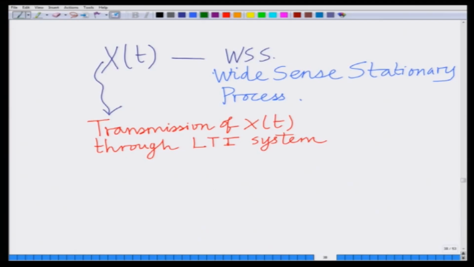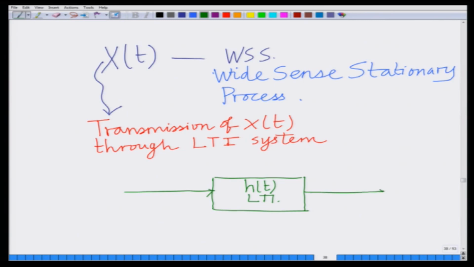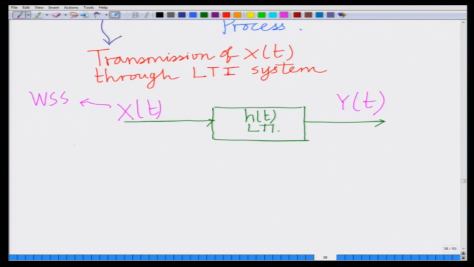So let us say we have a linear time invariant system that is represented by this impulse response. So h(t) is the impulse response of this LTI system. So I have an input x(t), which is the wide sense stationary random process, and output y(t).